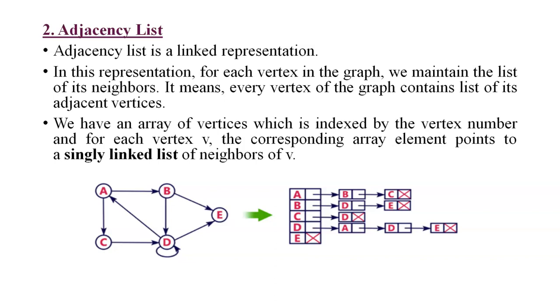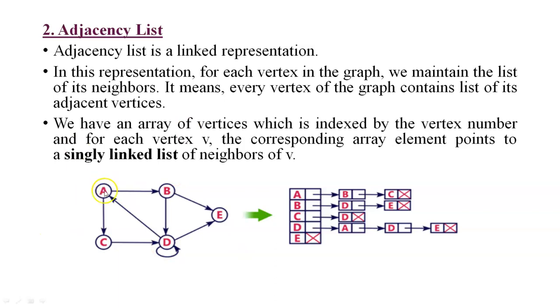So similarly, by using that representation, you are going to represent the graph here. Whatever vertices are there, you order all the vertices here as headers, and then the linked list starts. From vertex A, which vertices can be traveled to directly?